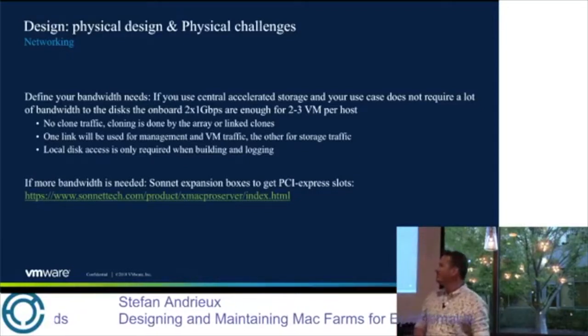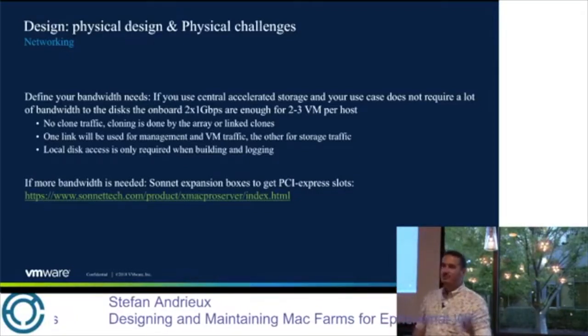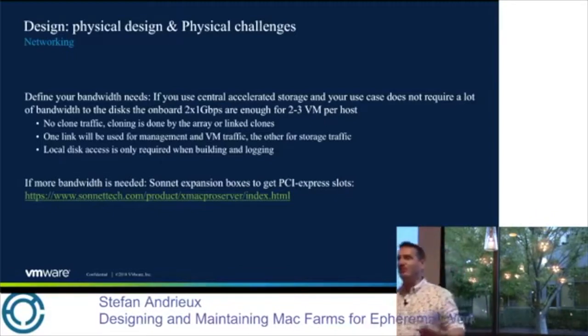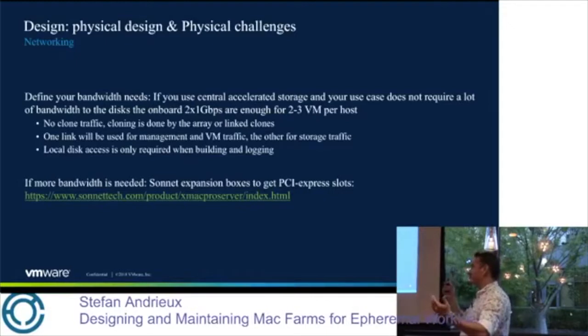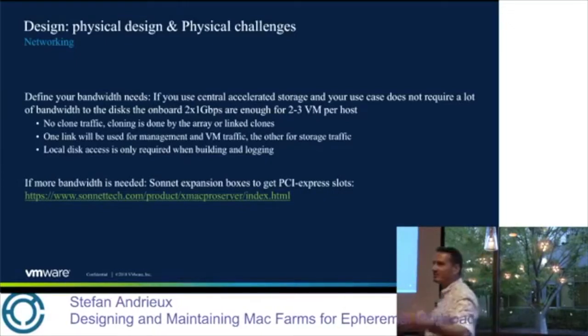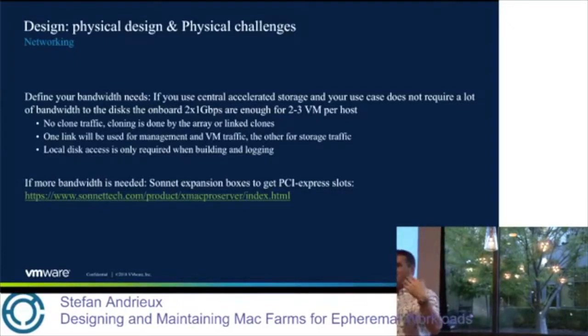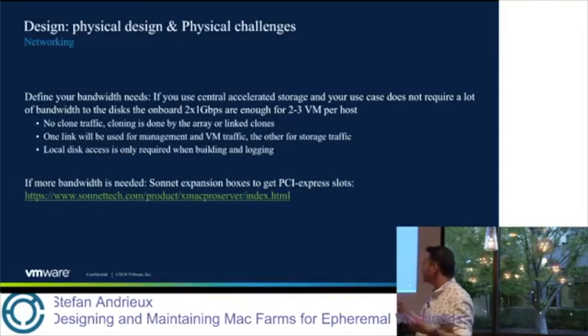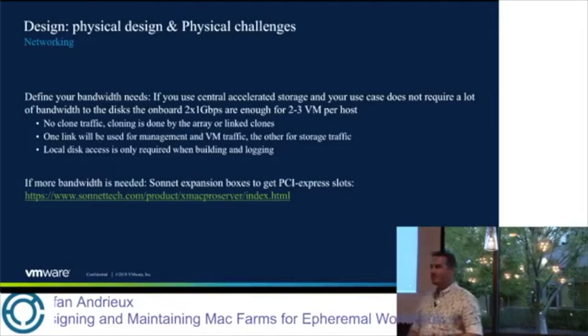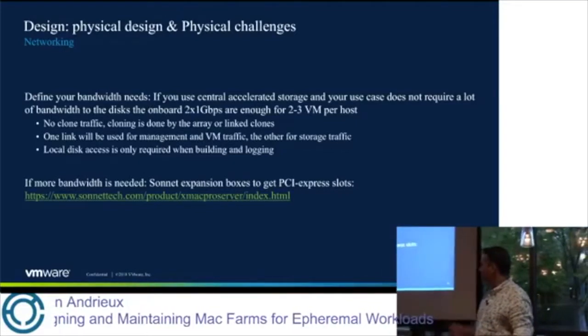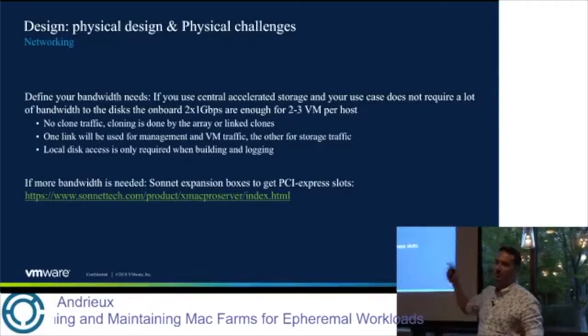It's not as comfortable as the Sonnet product line on that side. Especially, they come with ways to rack the Mac Pros in the standard data center rack, with proper power supplies and a number of legit PCI Express slots. It's really the only option you have if you want to go beyond what is out of the box.